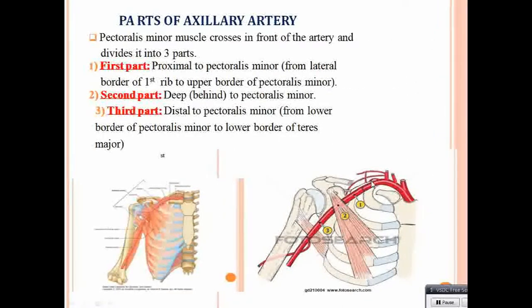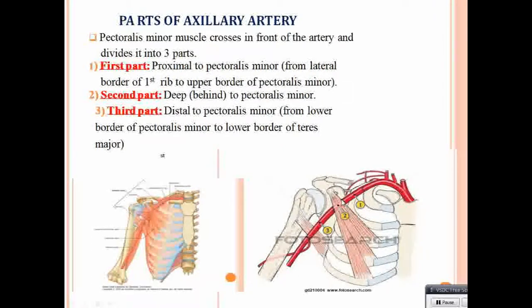Parts of the axillary artery: a muscle called pectoralis minor crosses the artery in front, dividing it into three parts. First part is proximal to the muscle, from the lateral border of the first rib up to the upper border of pectoralis minor.